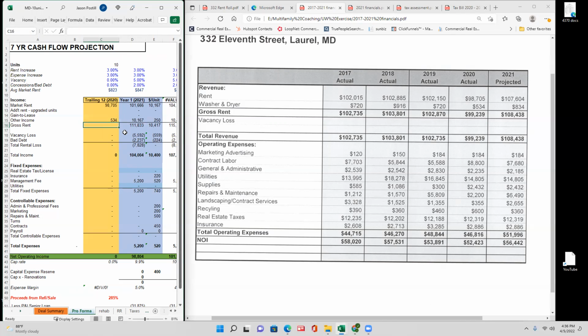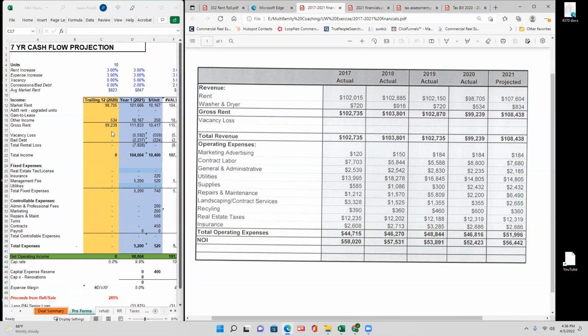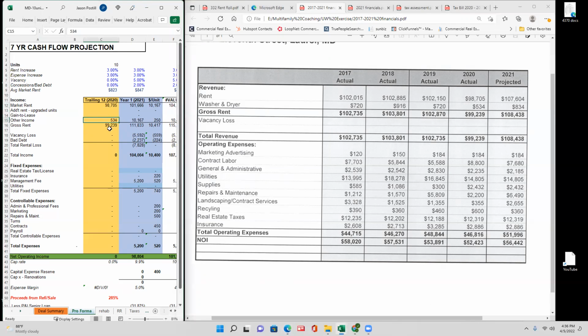Okay. Equals sum C12 plus C15 equals, okay, 99,239. See that? 99,239. I'm having to build out these formulas, but this should populate, boom. So now there's no vacancy, fixed expense.